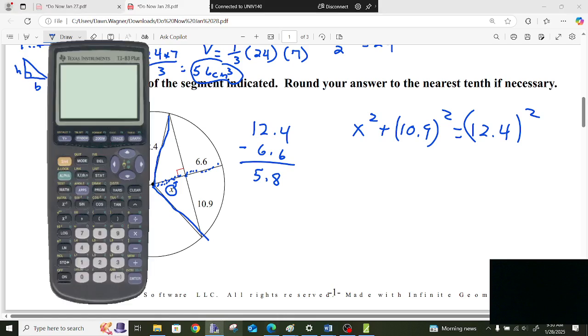It should be. Let's double check and see if the calculator does all its math correctly. So 12.4 squared minus 10.9 squared. Hold on a minute, we'll talk about that in a second.